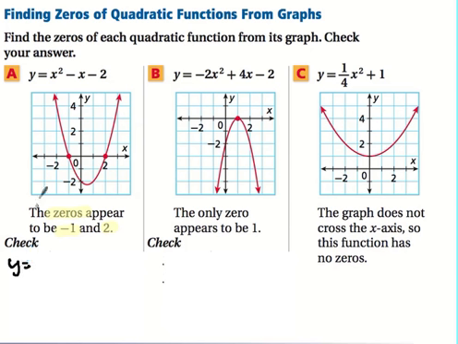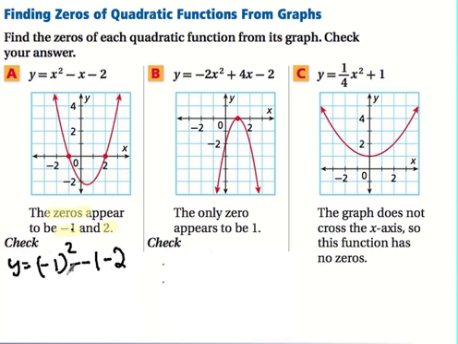So we said y equals x squared minus x minus 2. If we put -1 in here, we should get a 0. So let's go ahead and check that. -1 squared, minus x, and x is -1, and then minus 2.